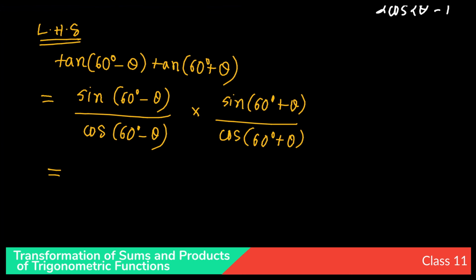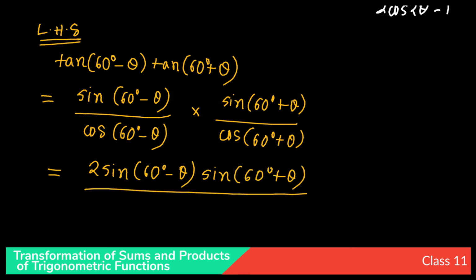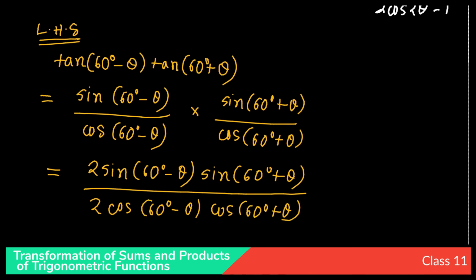That means we multiply both the numerator and denominator by 2. Okay, so we can write 2 sine of 60 degree minus theta into sine of 60 degree plus theta by 2 cos of 60 degree minus theta into cos of 60 degree plus theta.